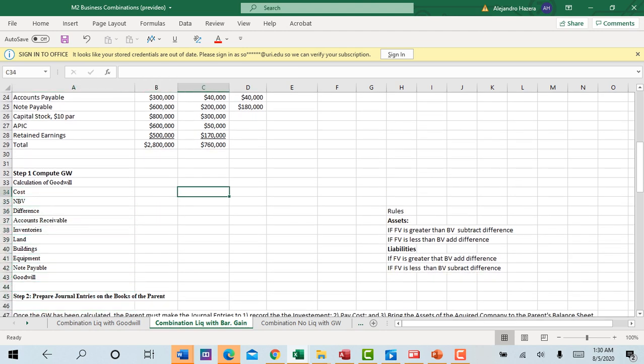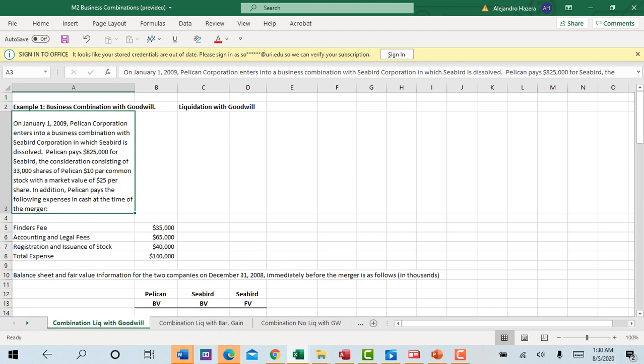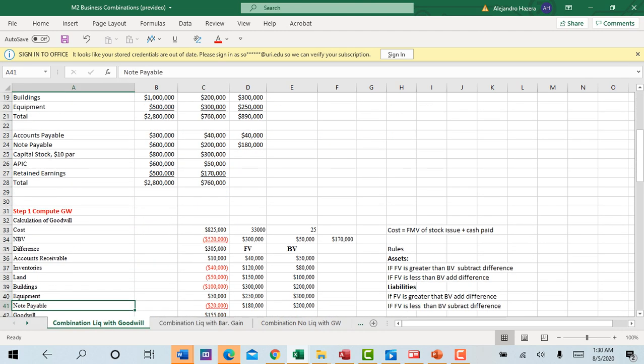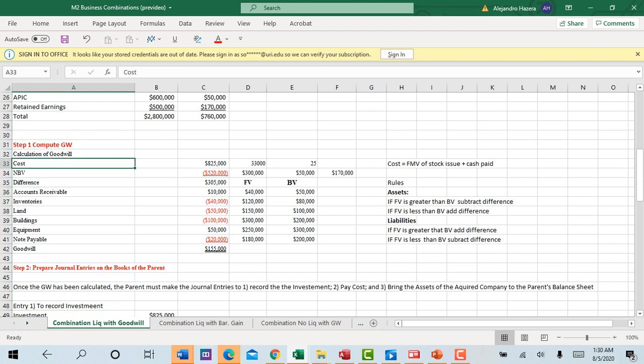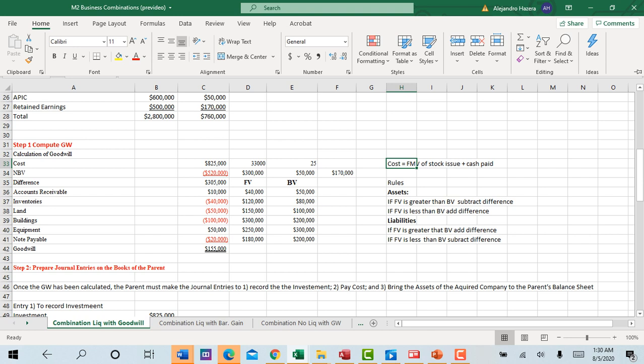Now the cost here is easy to calculate. Keep in mind, and I'm going to emphasize this again, the cost on any combination is equal to the fair market value of stock issued plus any cash paid.